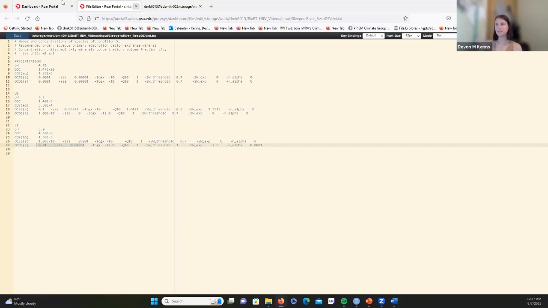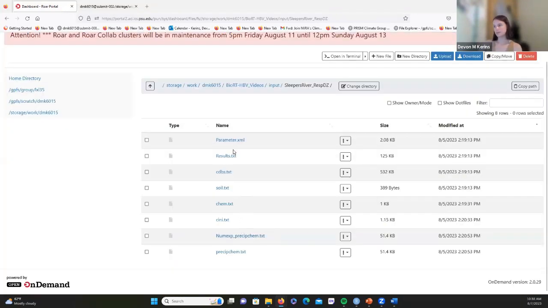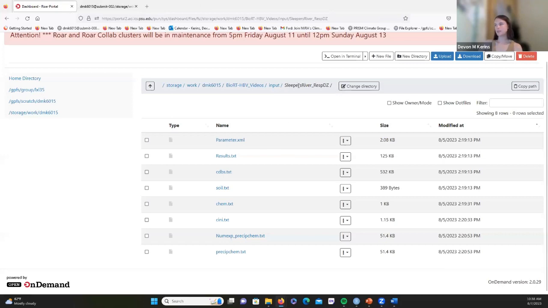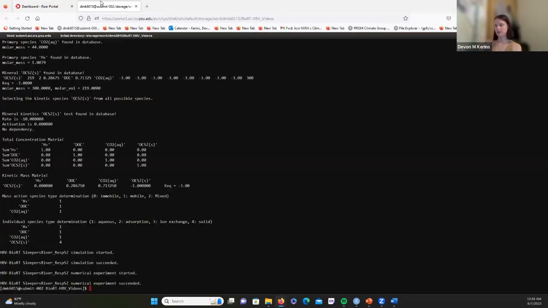Make sure that's saved. And then we'll check our precipitation chemistry files that we've added our solid phase here, and we have so OC in the deep zone solid phase set there. Okay, so we have everything set. This is called Sleepers River respiration in the deep zone.